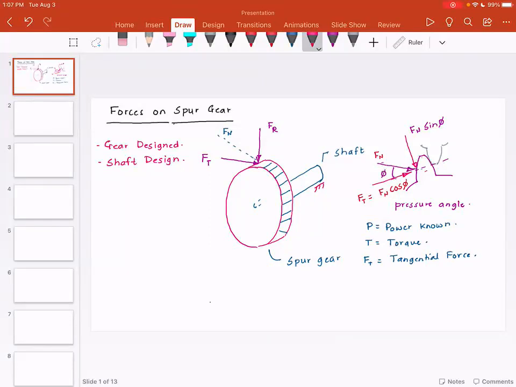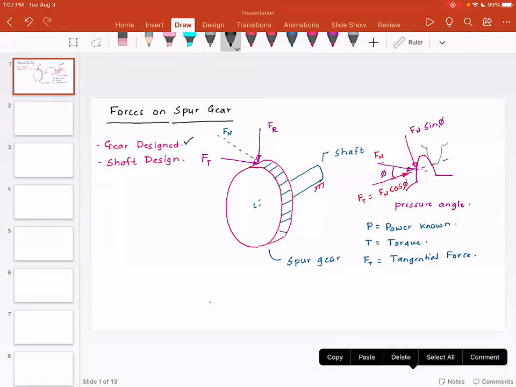The gear is completely designed. Now what we want to do is design the shaft. On this shaft, we have this torque.